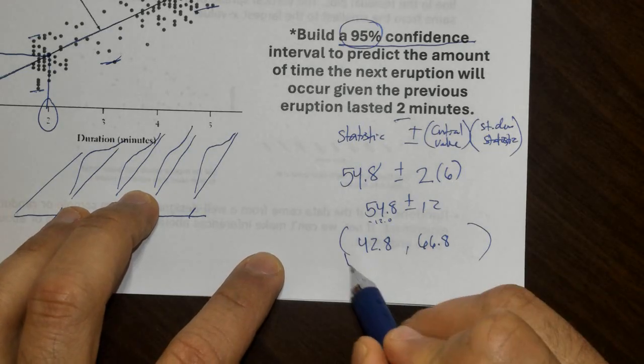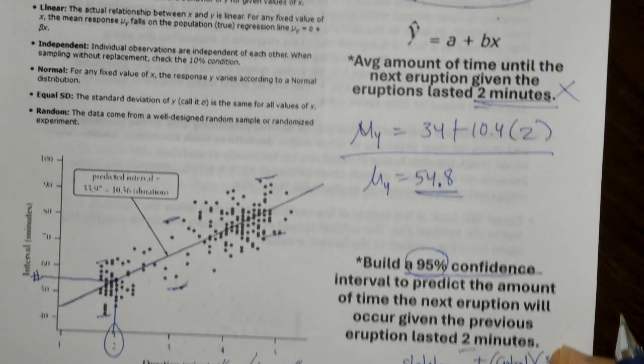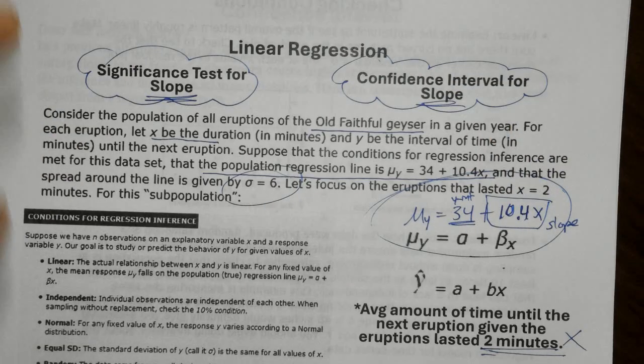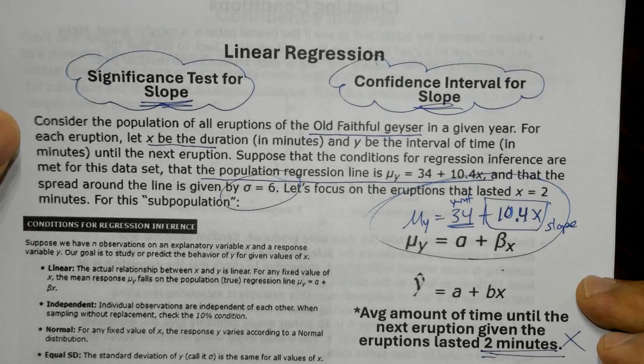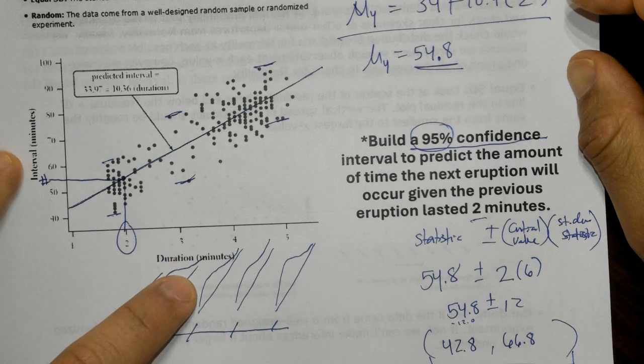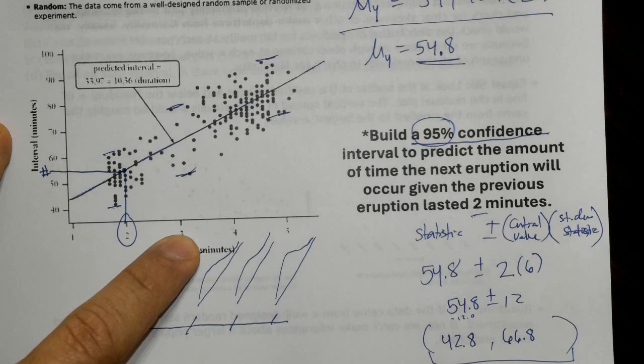I can just wait between these two ranges, knowing that I'm 95% confident it will land within this time frame, right? But the main component here that I want to focus on is that linear regressions help you determine or reflect the relationship between two quantitative or numerical variables. When you have one numerical variable, we're not finding the relationship.